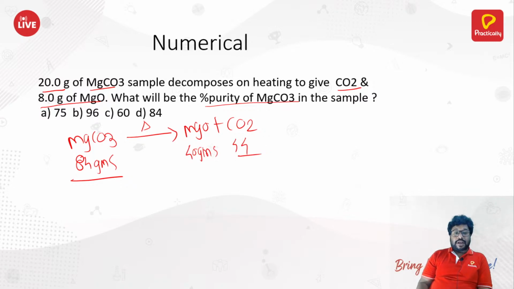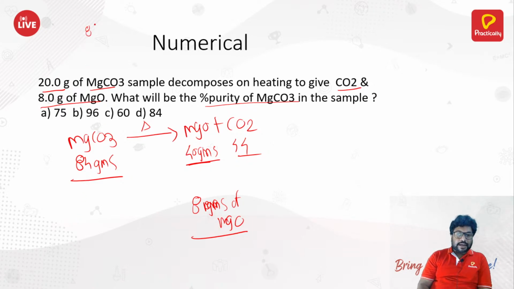Now you are getting 8 grams of MgO from the 20 grams of MgCO3. 8 grams is definitely 5 times lesser than 40, right? That means the MgCO3 that we have taken must also be 5 times lesser than 84.